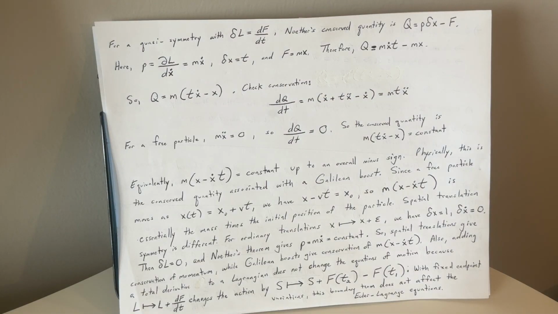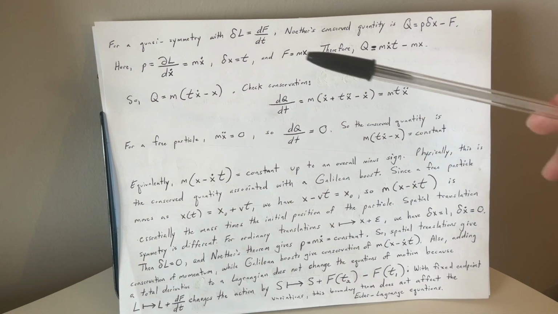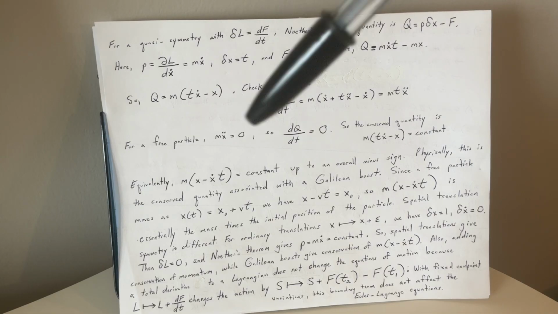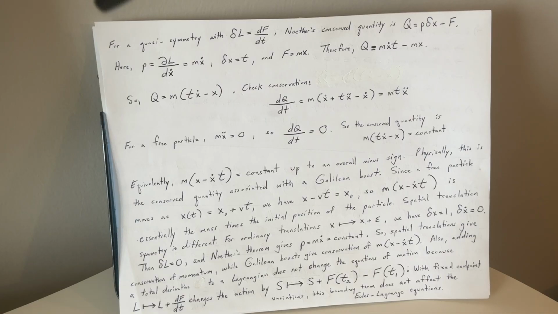Here p equals the partial derivative of L with respect to x dot, which equals m x dot, and delta x equals t, and f is equal to m x. Therefore q equals m x dot t minus m x.